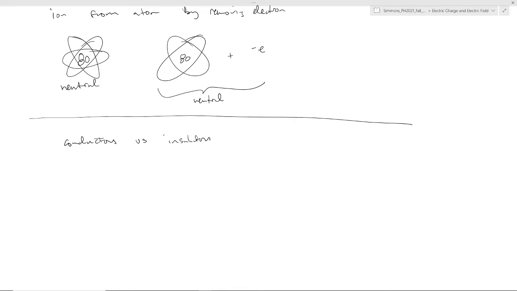So you can think of different materials. Usually we think of conductors as metals, and an insulator would be something like rubber.